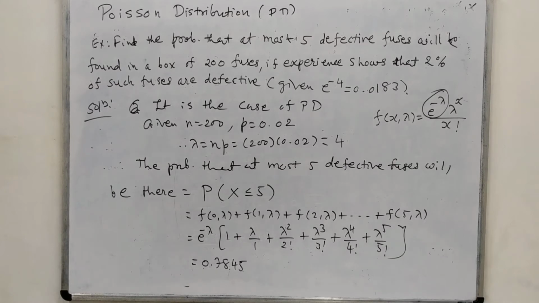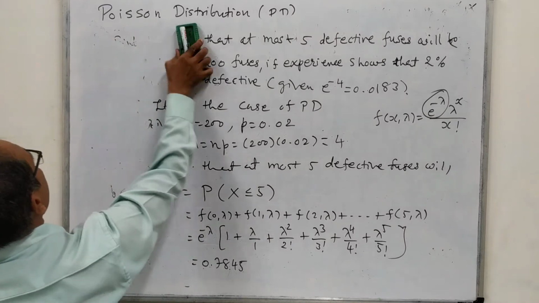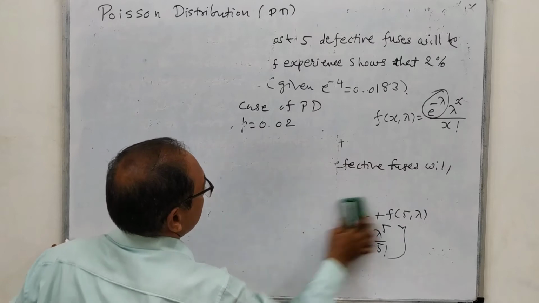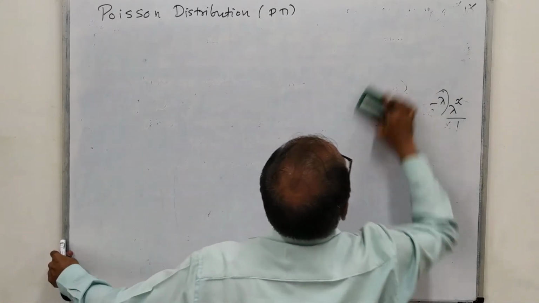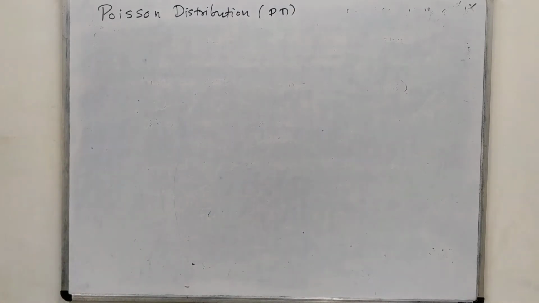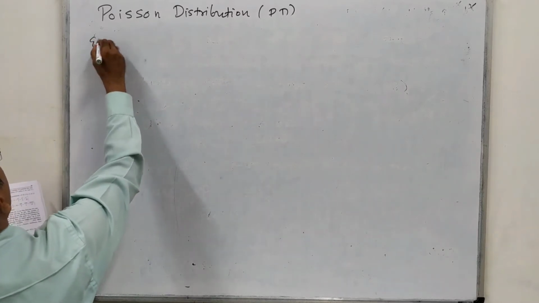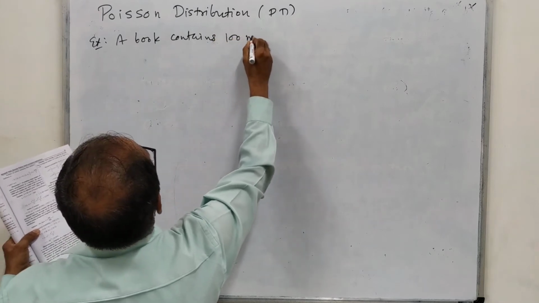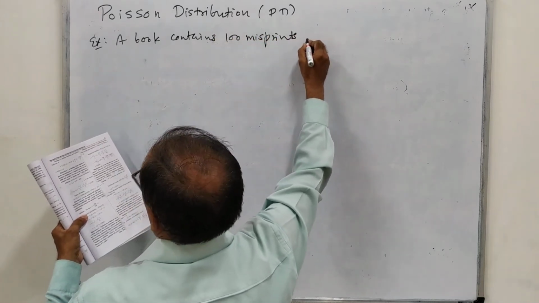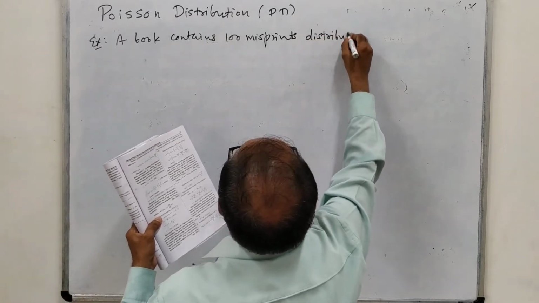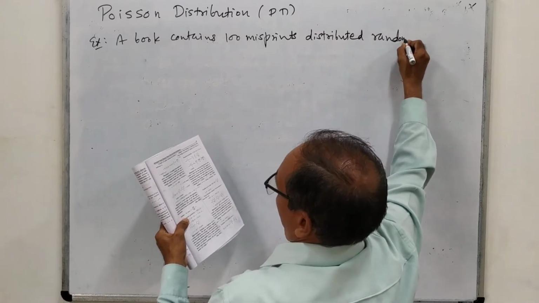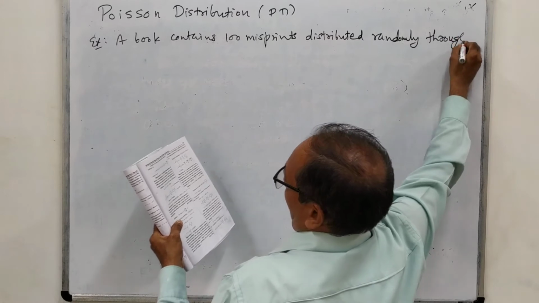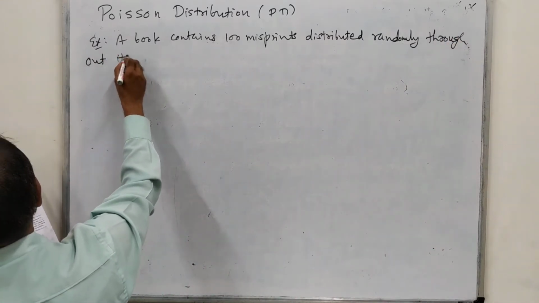Now let us see another example. A book contains 100 misprints distributed randomly throughout its 100 pages.